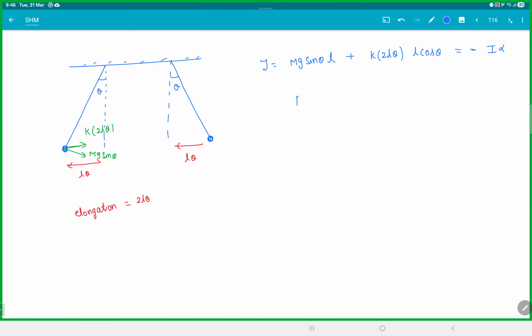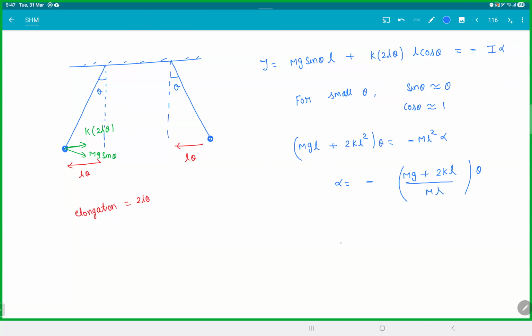Now for small theta, sin theta becomes theta and cos theta becomes 1. And this is a particle, so minus mL squared alpha. That's your omega squared, everyone.